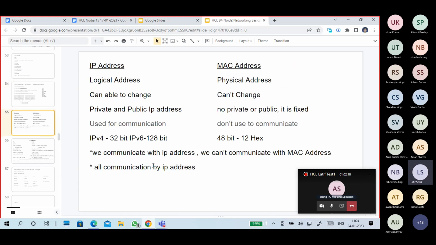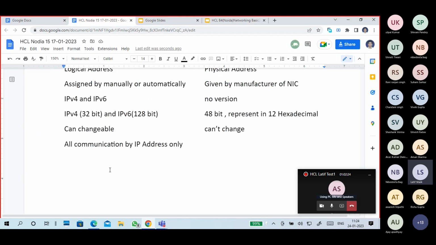So here I've written some more differences. In IP address, we have a public type of IP address and a private type of IP address. Public IP address and private IP addresses we have.